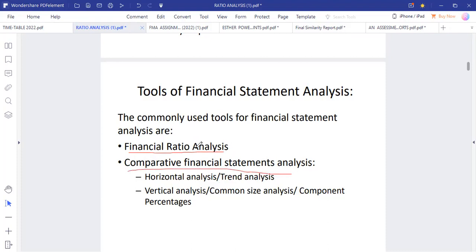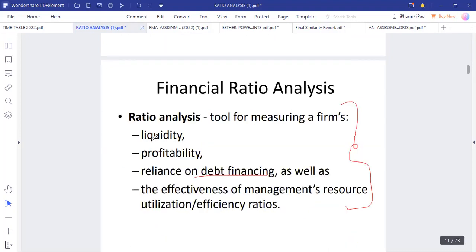Now, to start with, financial ratio analysis, we'll use a few key ratios that will require you to memorize formulas or know, in fact. So these ratios will be as follows. So what we call the liquidity, profitability ratios, efficiency ratios, leverage ratios.